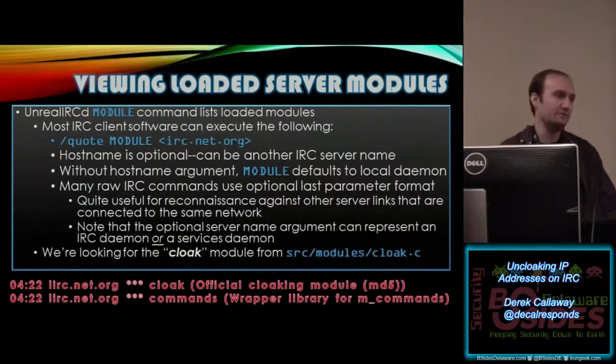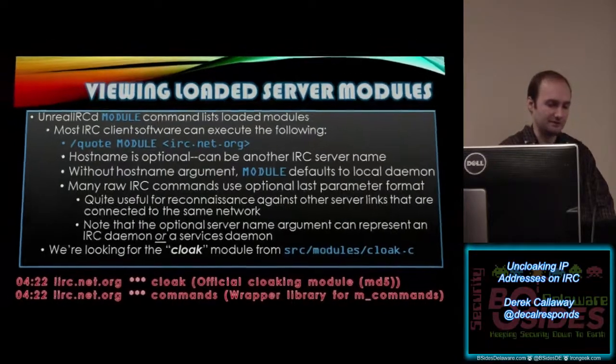It doesn't always have to be MD5, it could be SHA-1 or something else, but for our purposes it doesn't really matter. And the highlighted text in red at the bottom there shows the server's response to the module command. First line there says it's a cloak module, MD5 hash.